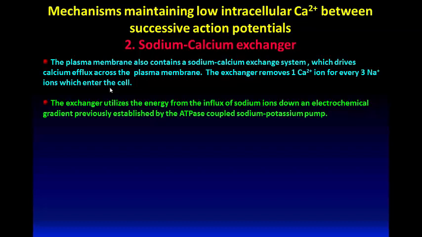So we need to have a low intracellular concentration of sodium so that sodium ions get in through the sodium calcium exchanger, and when 3 sodium ions get in through the exchanger, 1 calcium ion is removed from the cytoplasm back into the extracellular space.